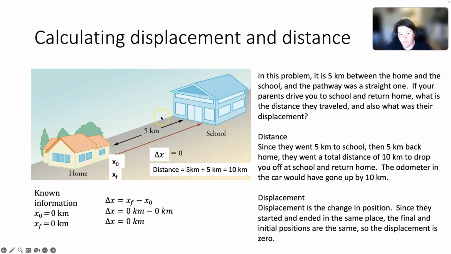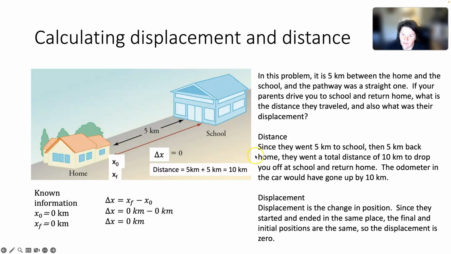So if you were given this problem and asked to find the distance or the displacement: it is 5 kilometers from home to school. The path is a straight one. If your parents drive you to school and then return home, what is the distance that they traveled and what is their displacement? Well, for distance, it's 5 kilometers there and 5 kilometers back, so they went 10 kilometers.